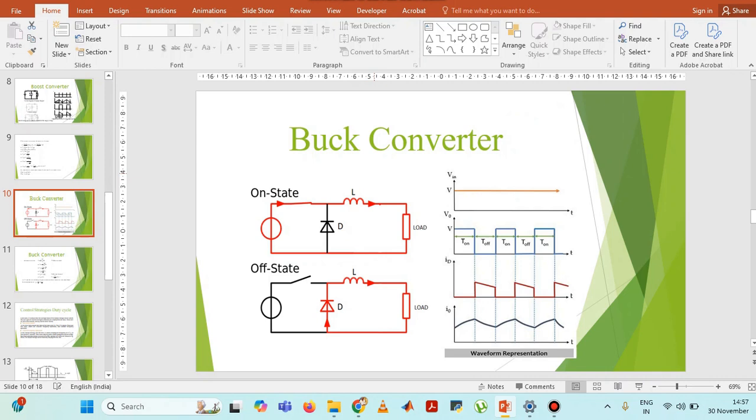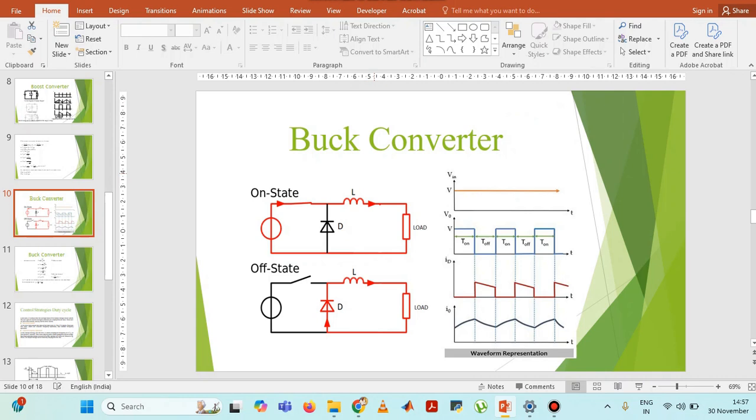Next is the switch. The switch is used to control the current flow through the inductor. Diode, the function of the diode, we know that a diode can allow the current to flow in one direction. Okay, that means it's preventing backflow of current from the output to the input. And load, the device or circuit that uses the output voltage.